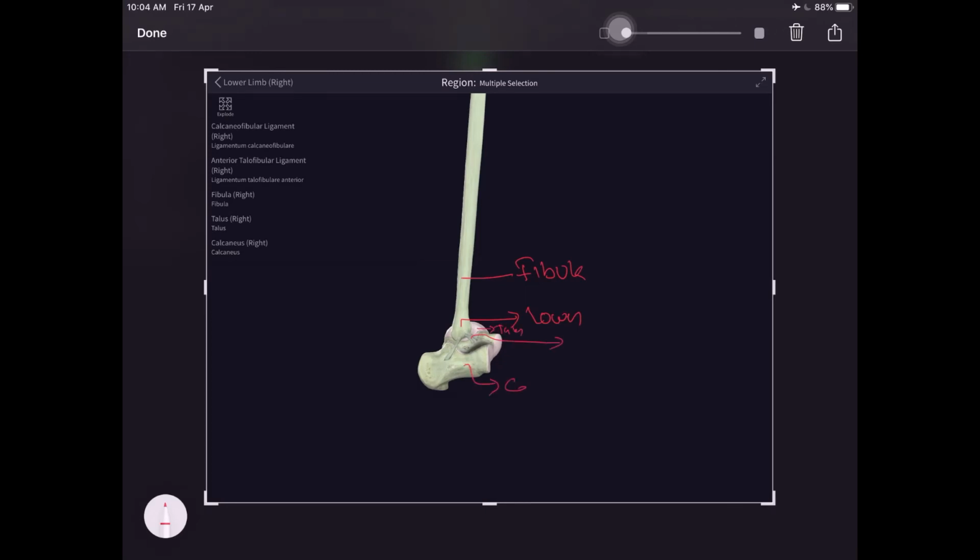Since it is present in the front, it is called the anterior talofibular ligament. And this is from the fibula to the calcaneum, and you don't have anterior and posterior, so you simply call this the fibulocalcaneal ligament. So these are your attachments from the anterior margin of the lower end.